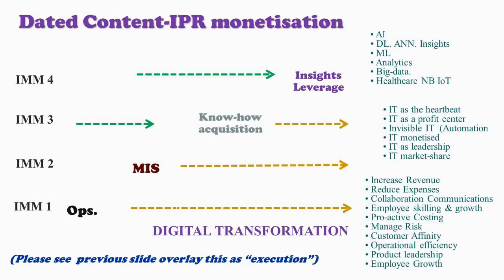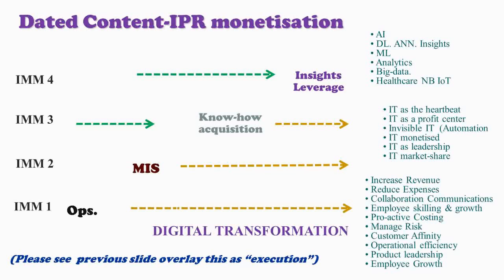You're trying to do some proactive costing. There's no point in having costing after the fact. Can you cost well before the item is made? How do you manage your risks? Customer affinity, operational efficiency, product leadership, employee growth. These are things that you can move forward. These are components where you lay a good foundation. Do some very small, simple things, even one or two very effective things, and then you can move forward from that position.